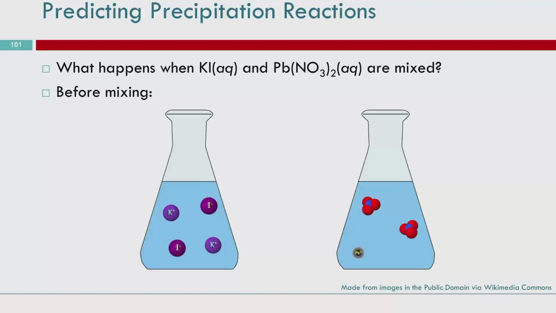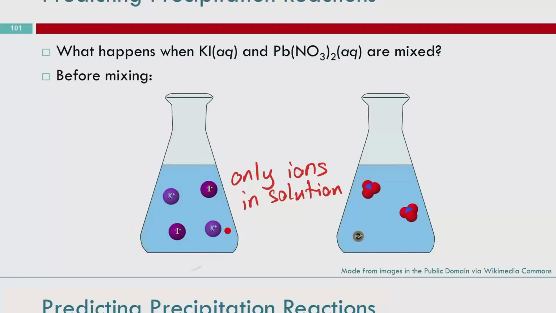All right, when we mix potassium iodide and lead-2 nitrate, before mixing, we've got potassium iodide dissolved in solution. We've got lead-2 nitrate dissolved in solution. Only ions in solution. It's completely dissolved. Completely dissolved solution, completely dissolved solution.